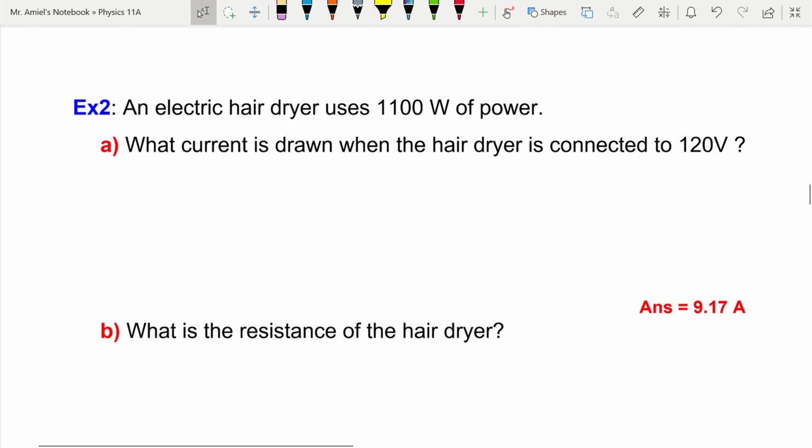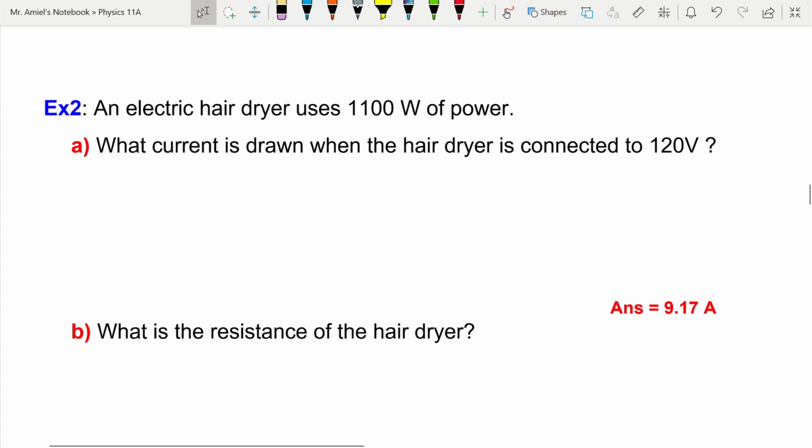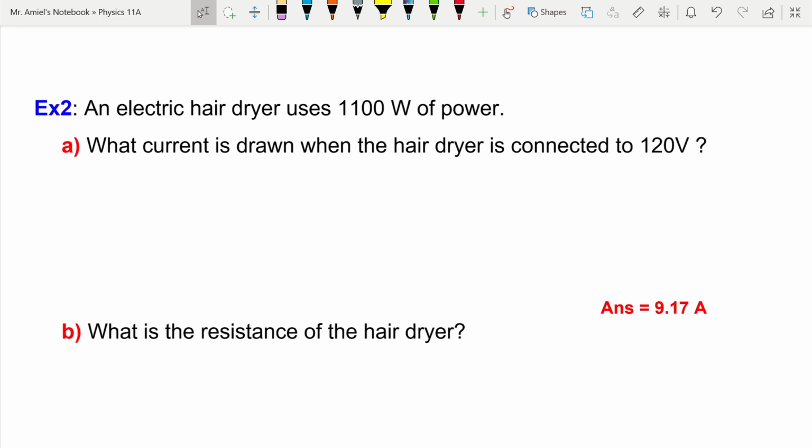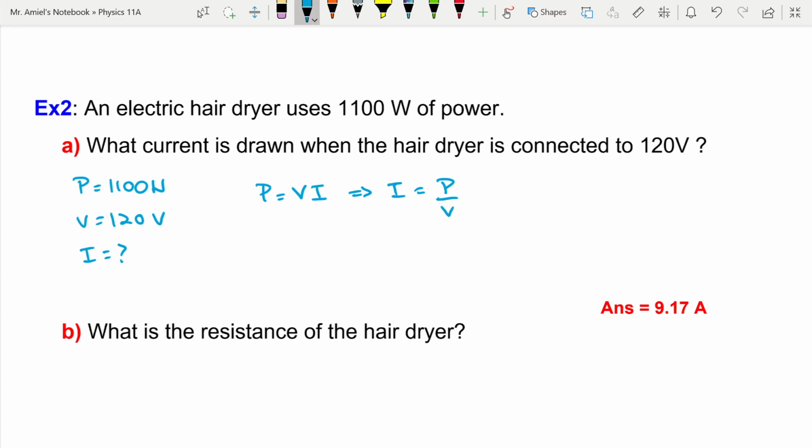Okay, question 2 here. An electric hairdryer uses 1100 watts of power. What current is drawn when the hairdryer is connected to 120 volts? Well, we know our power. It's 1100 watts. And we have a voltage of 120. And we want to know the current. Well, we just saw this equation. So this all looks good. We just need to be able to rearrange for I. So our current is going to equal our power over our voltage.